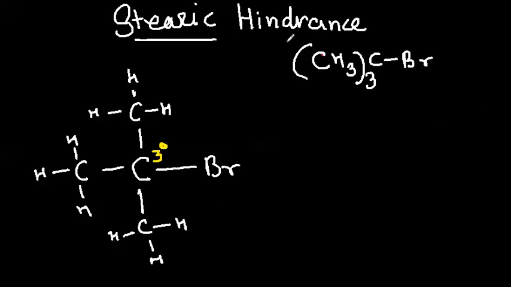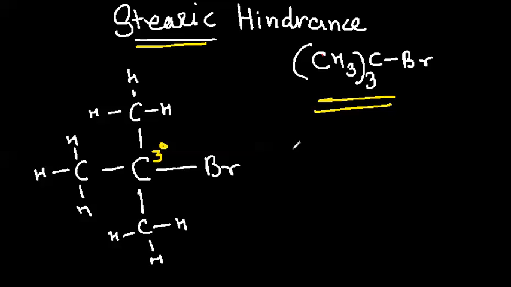One more factor which is always discussed is steric hindrance, meaning the structural hindrance. We have considered methyl bromide in our example. What if we consider a bulky group like a tertiary alkyl halide, like this one here, (CH3)3CBr? Its structure will look like this.